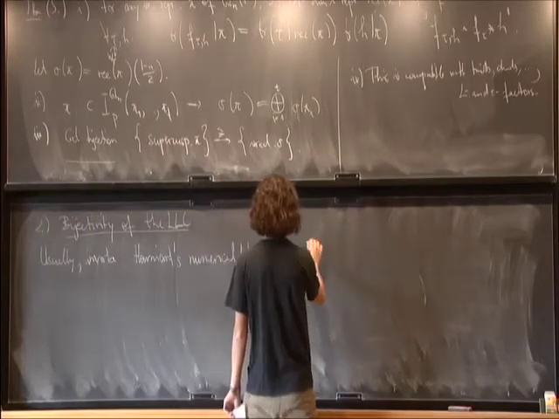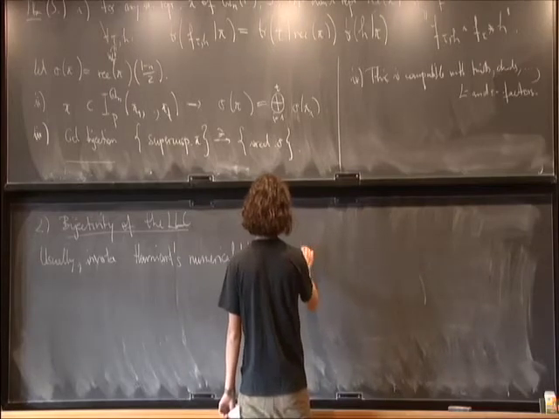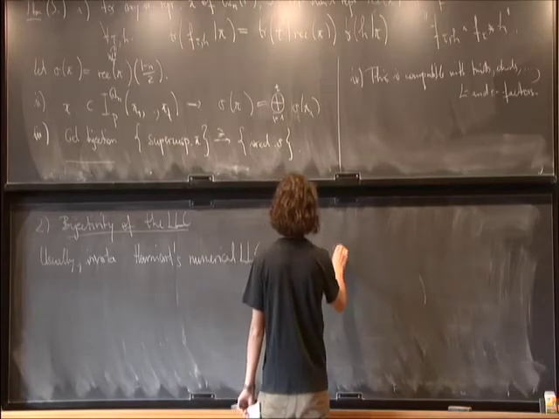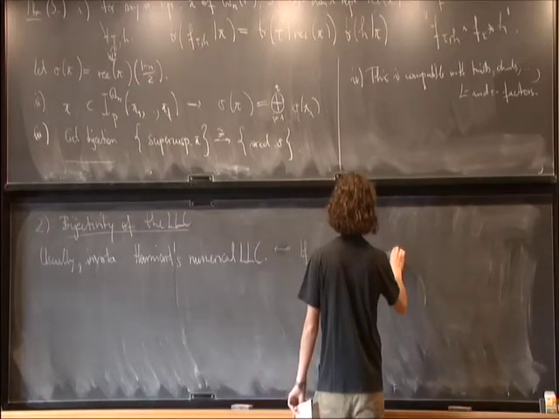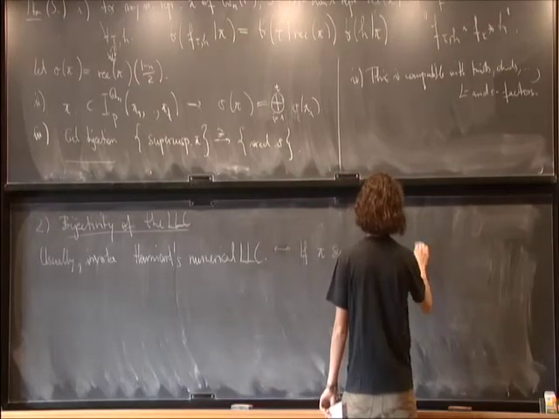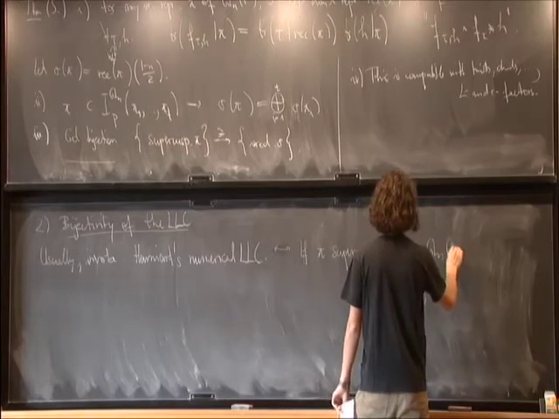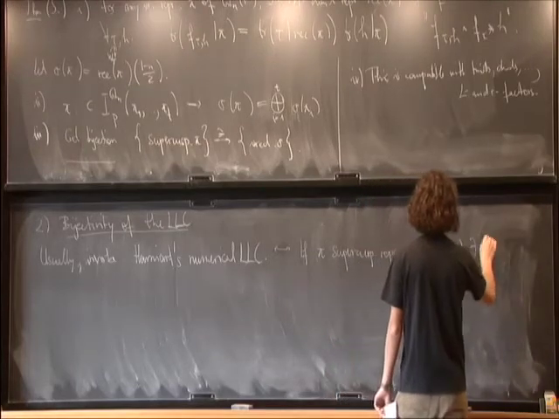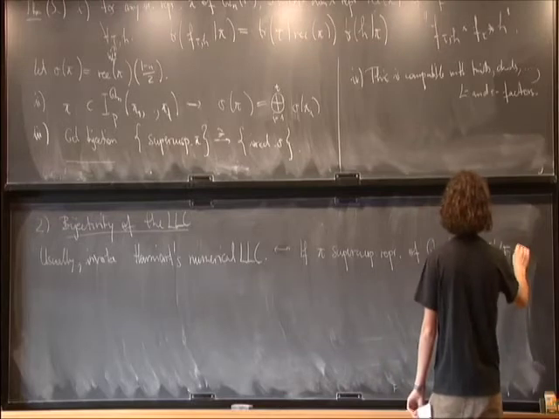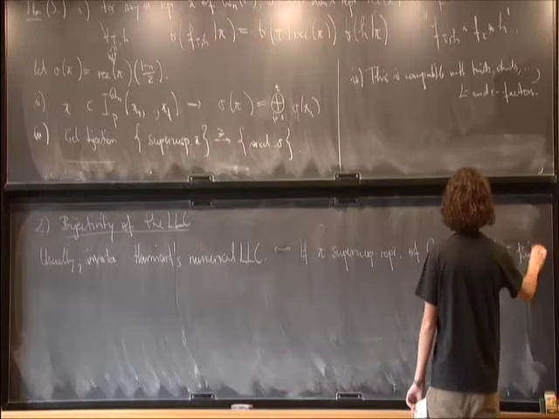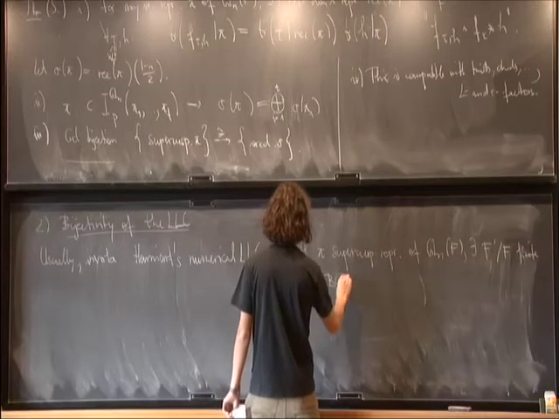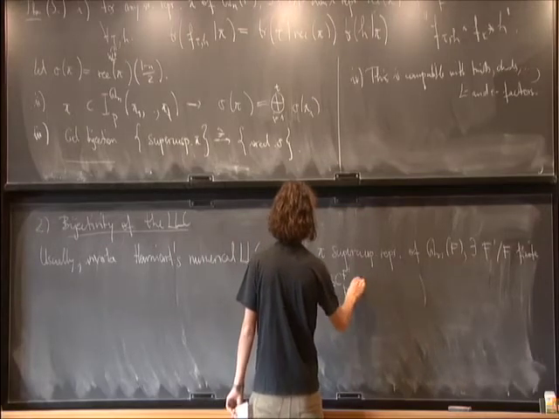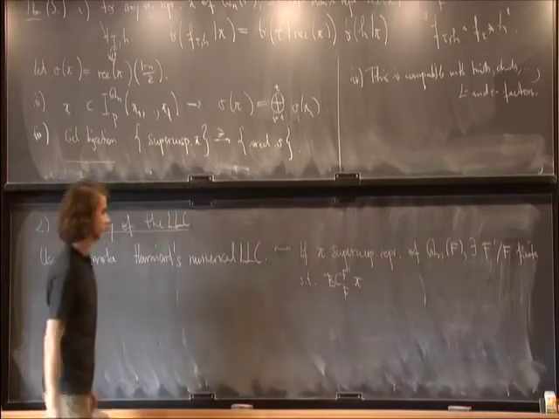which is that if you start with a supercuspidal representation pi of GL_n(F), then there exists a finite extension F' such that the base change of pi from F to F' is not supercuspidal.